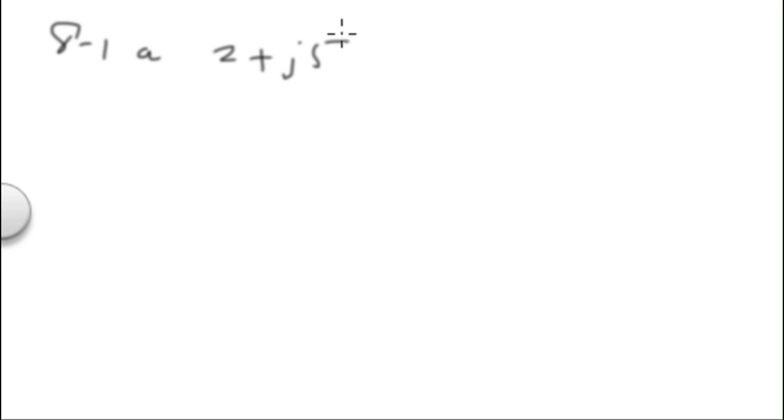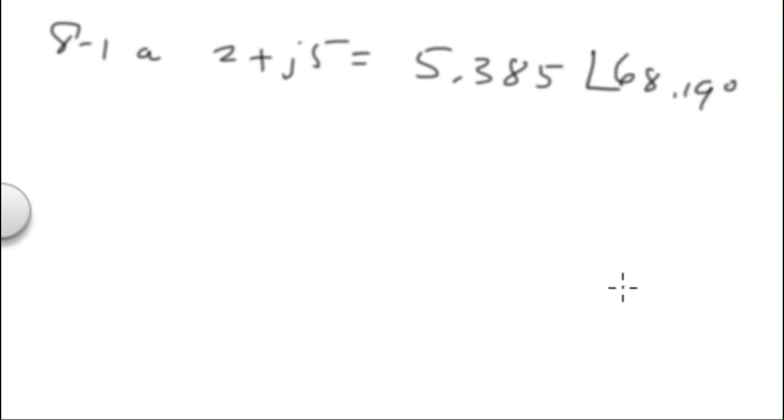So I hit 2 R to P 5 equals, and I come up with the answer of 5.385, and there's an angle, so I hit the X to Y conversion at 68.19 degrees. And that's how I do it.